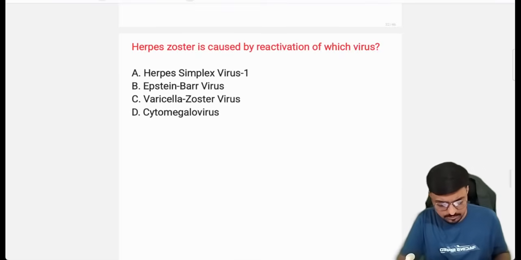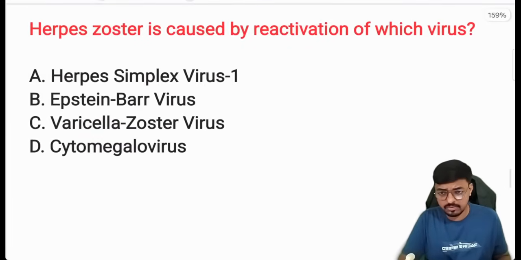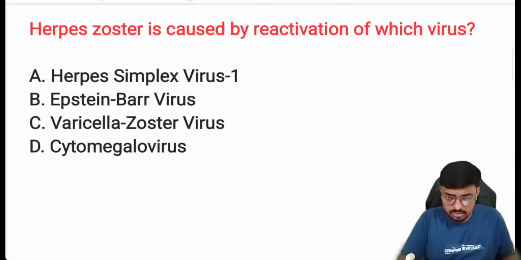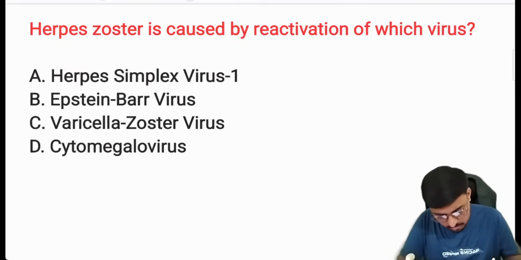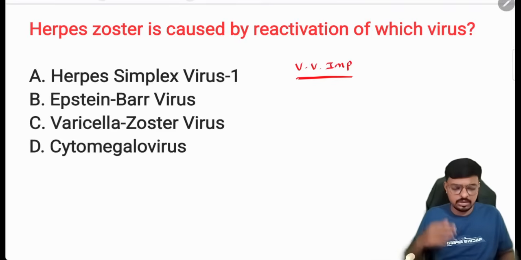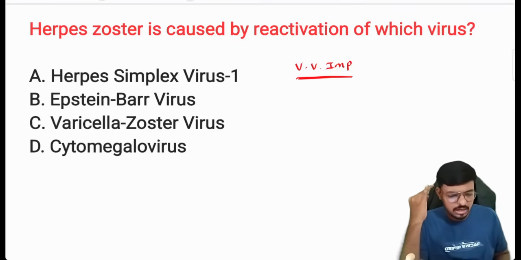So the next thing we have here is a very, very important thing for our exam. Herpes zoster is caused by the reactivation of which virus? The very important concept. Till now, what we have discussed is fungal infection of the skin: Tinea cruris, Tinea corporis, Tinea pedis, Tinea manuum and Tinea unguium.